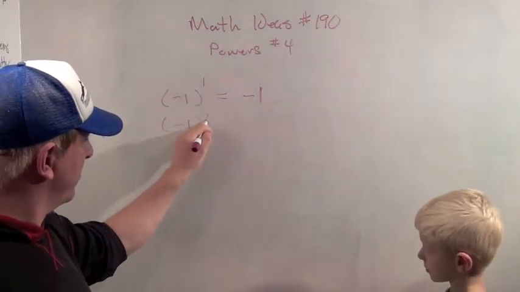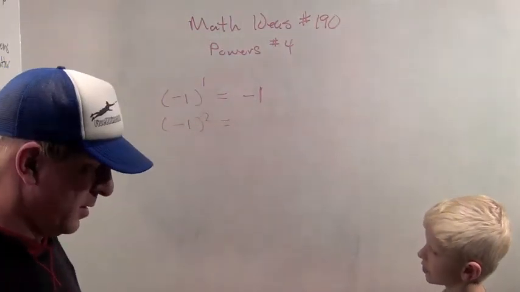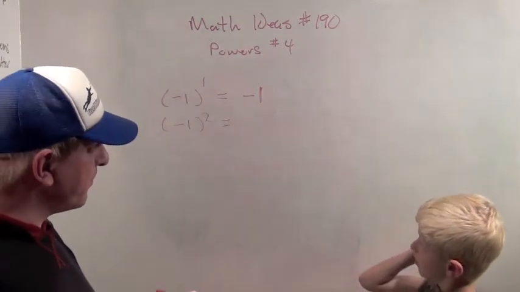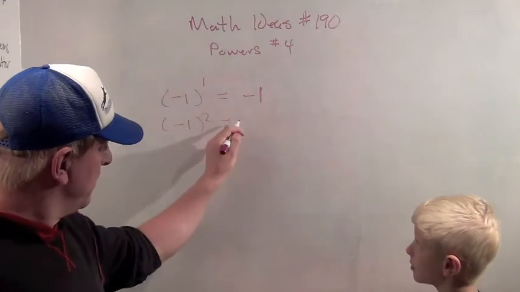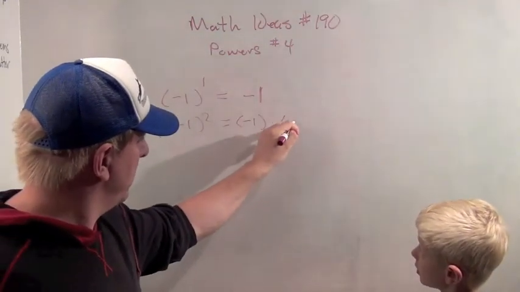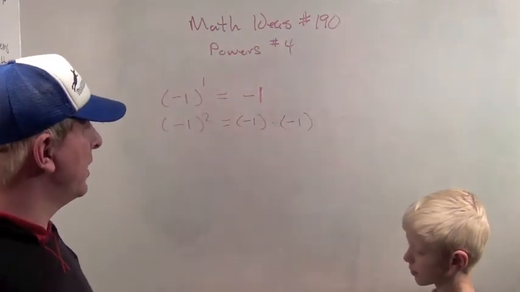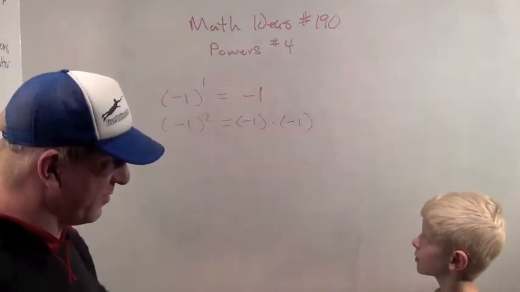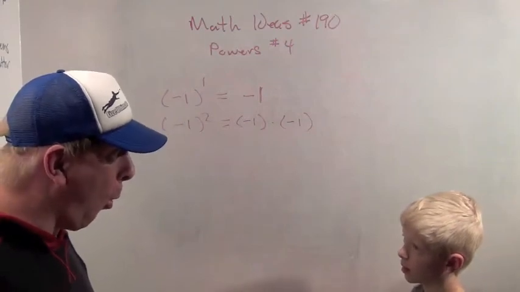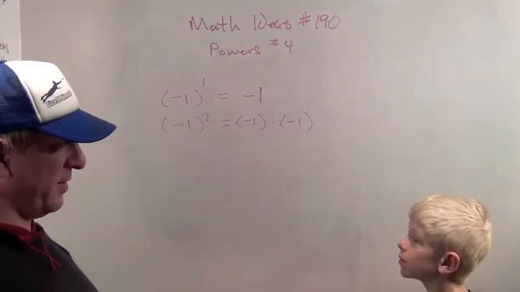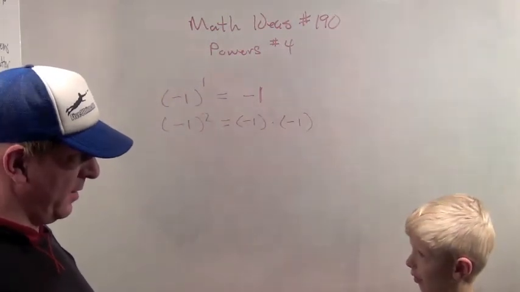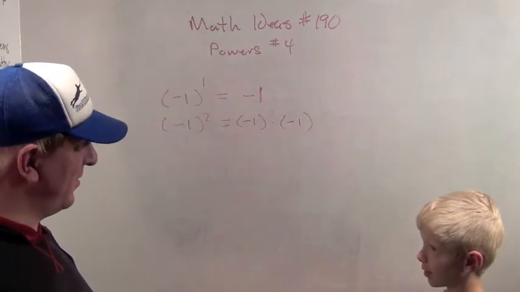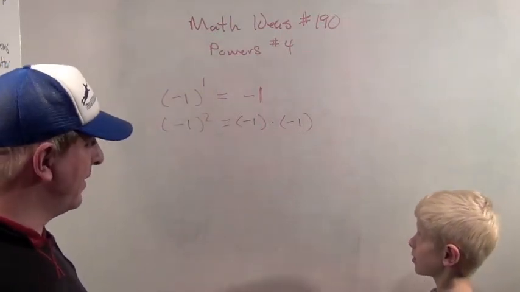Now we got to figure out what -1 squared is. What does -1 squared mean? It's -1 times -1. Now we have to figure out what -1 times -1 is. Do we know anything about it?